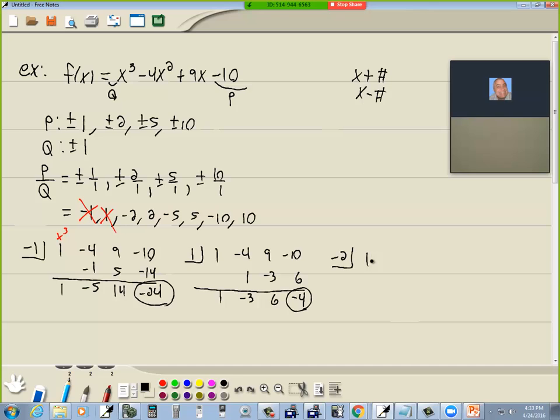And then we'll plug in negative 2. The reason why synthetic division is preferred in this method is sometimes you have to do so many synthetic divisions that it would take you a long time if you did long division on every one of them.